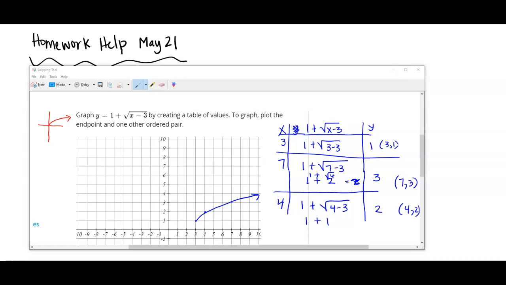Oh, that looks crazy. Sorry about that. It's because I went back to that screen, but this is what I wanted to show you. All right, can you guys see that?